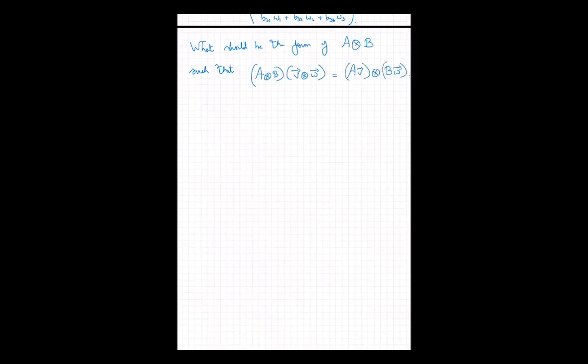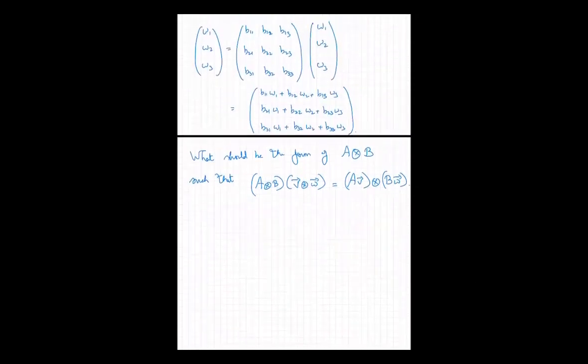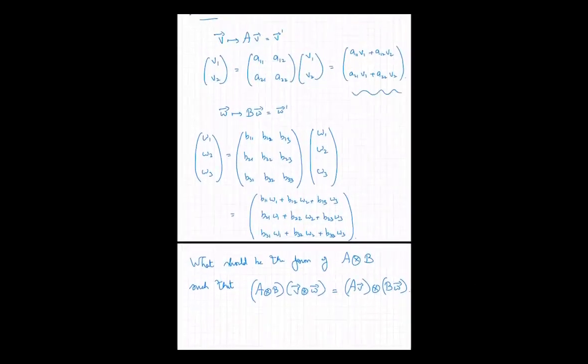So basically, this complicated six-dimensional matrix acting on the six-dimensional column vector should be expressible as this vector direct product this vector. Okay, that is what I'm asking.